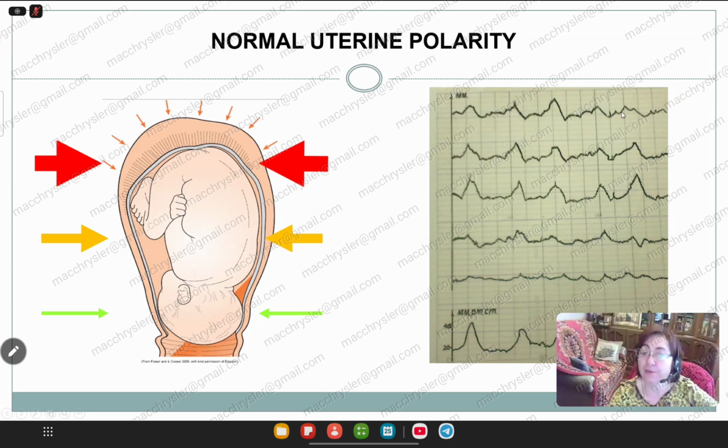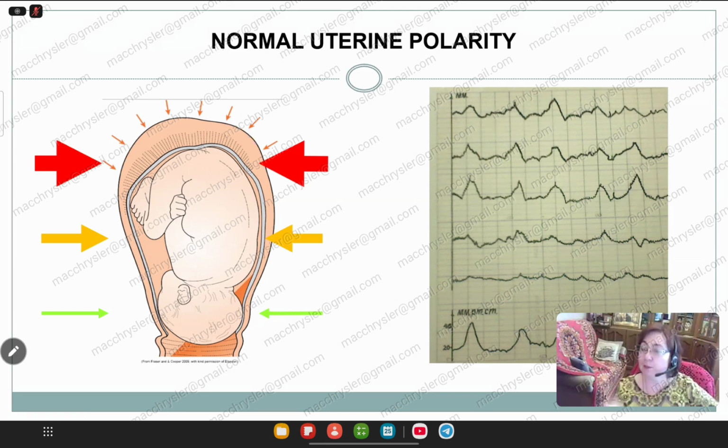Here is the fundus part, and the intensity of contraction is bigger compared with down here, where the wave is from the lower segment, which is much less intense. We can state that the contraction intensity and polarity are normal. Here, summarized, we see regular contractions with normal intensity, normal resting period, and normal duration. So on the tocogram we can see normal contractions and normal polarity.